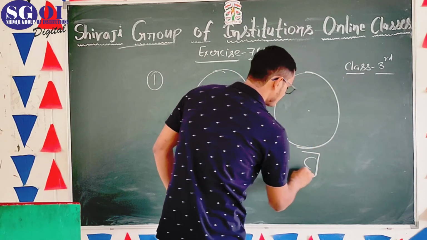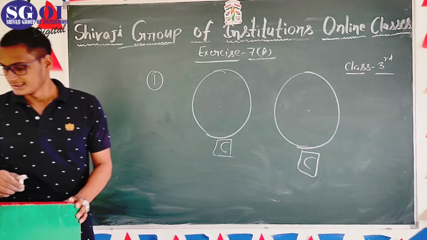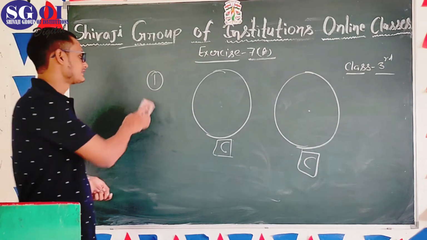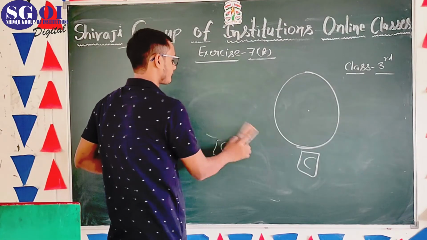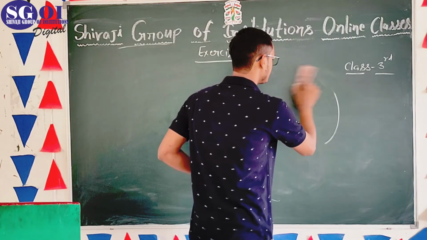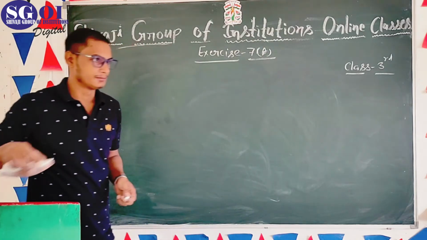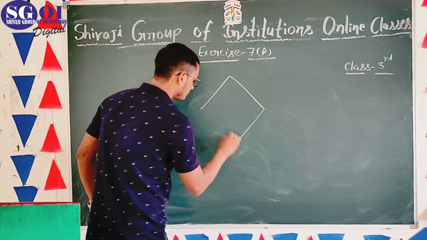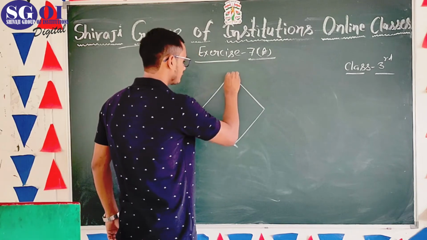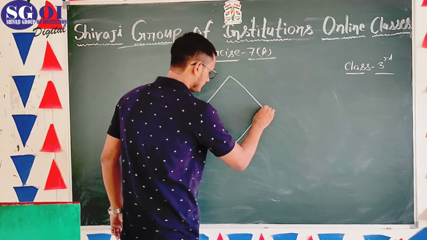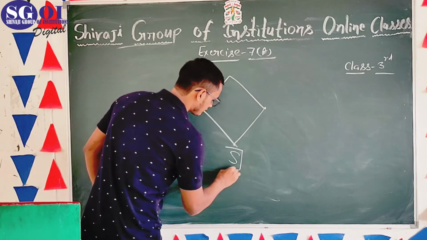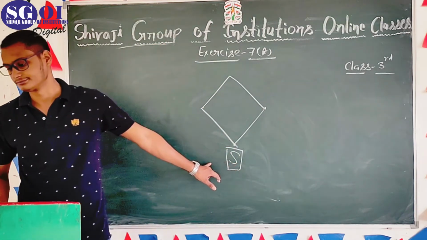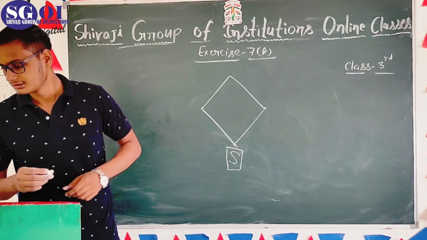Now the third shape is a square. This is a square because in this square all the sides are equal. So this is a square and we fill S. S means square.